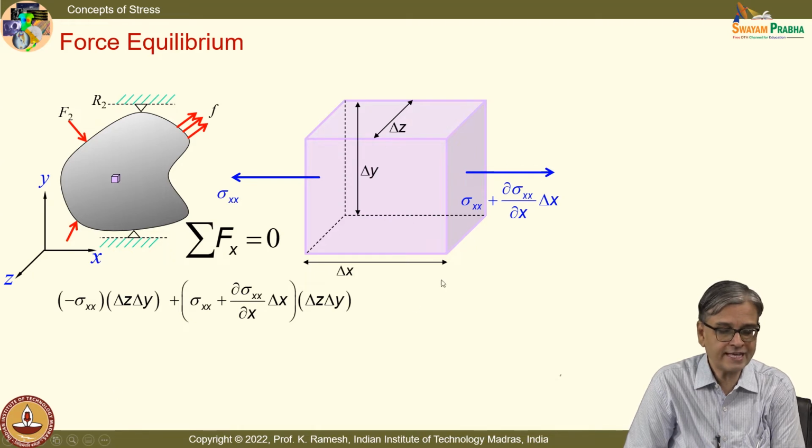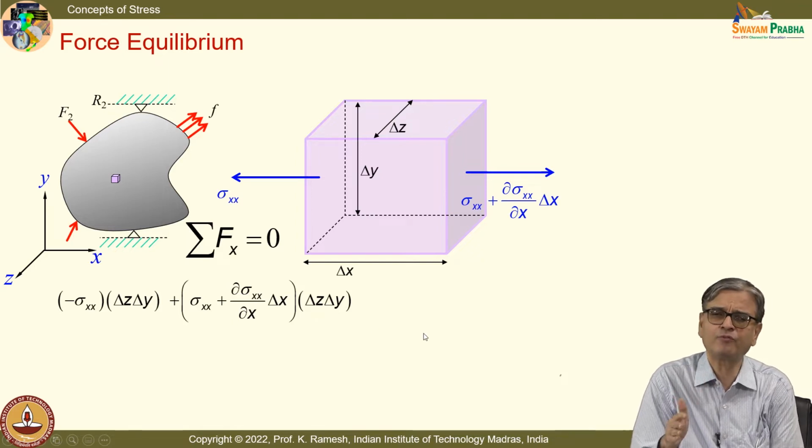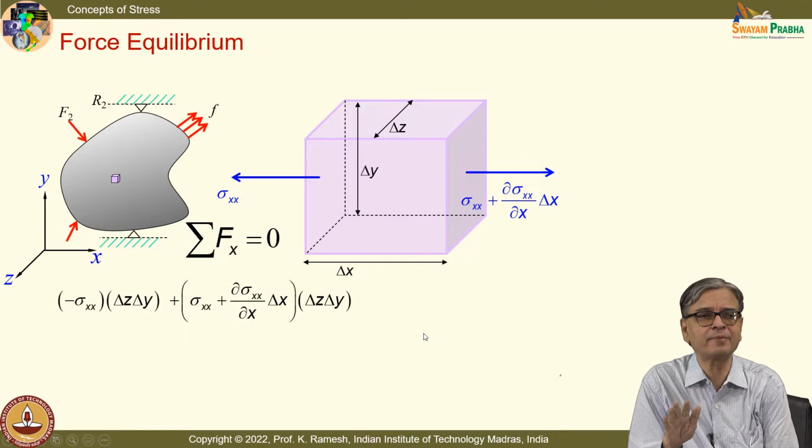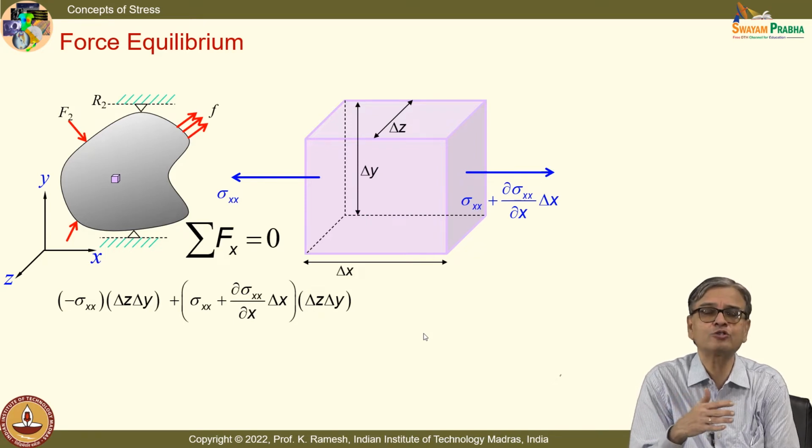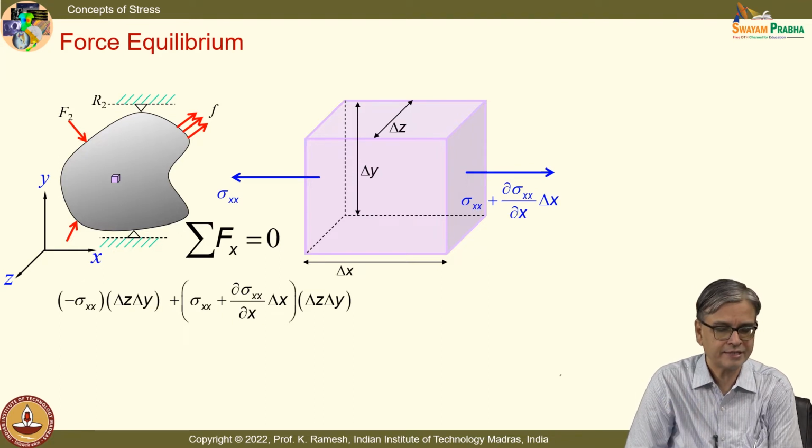And on this face, I have sigma xx plus dou sigma xx divided by dou x into delta x, multiplied by the area delta z delta y. It's very simple. What you have done in rigid body mechanics, same thing you are going to do. But when you want to find out the forces acting on these different faces, you need to start from the stress component multiplied by the appropriate area.